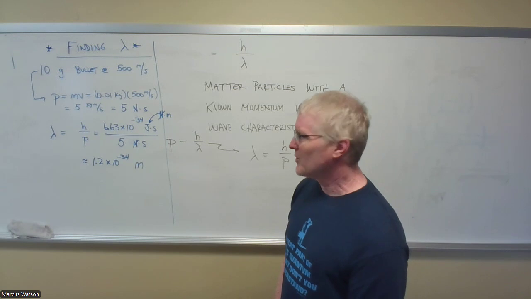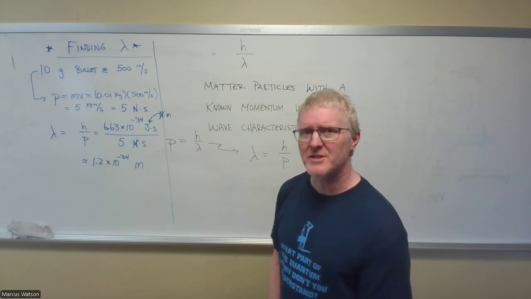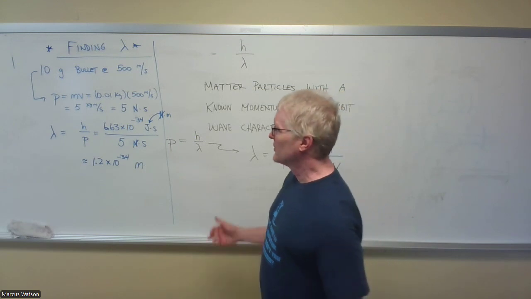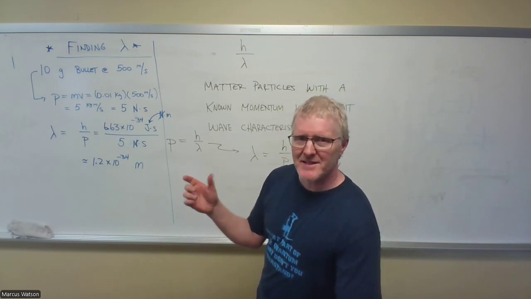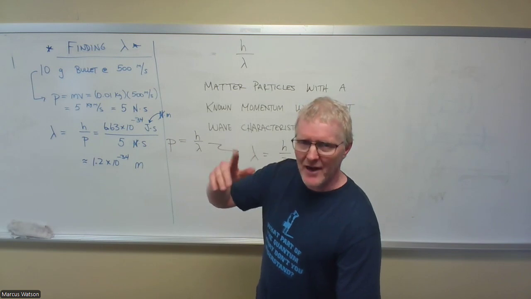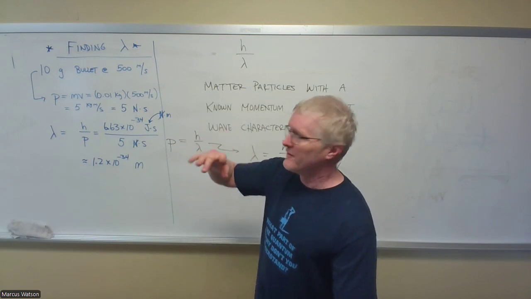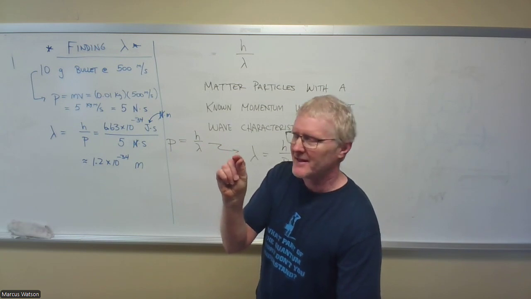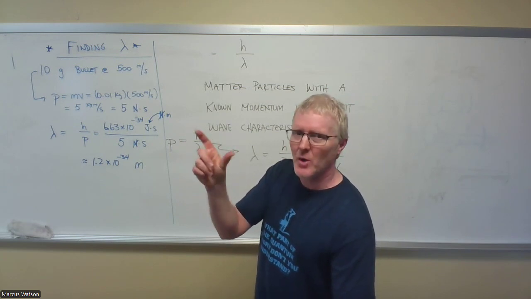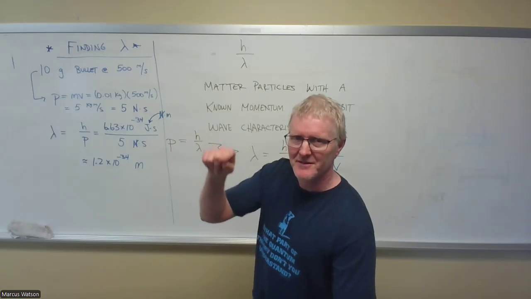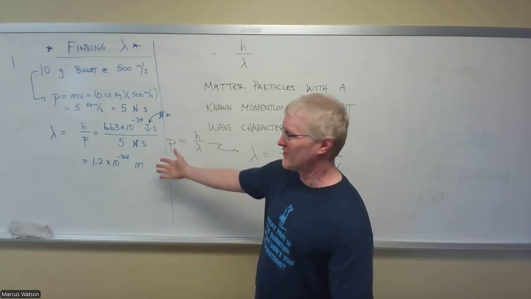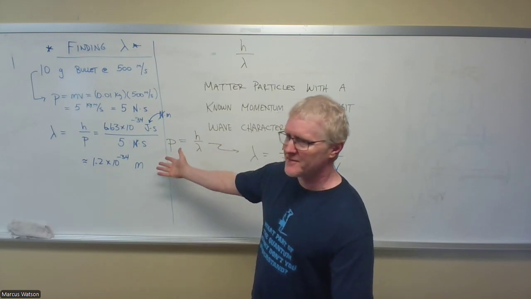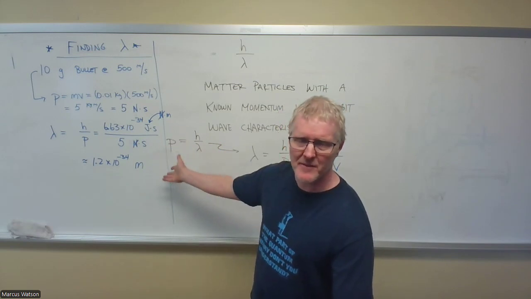Well, so that's small, right? That wavelength is pretty tiny. In other words, what that's telling us is the wave character of this bullet is extremely localized and doesn't really go outside of the size of the bullet. In fact, it's so tiny that it's nowhere near even the size of a nucleus, 10 to the minus 15th of a meter.